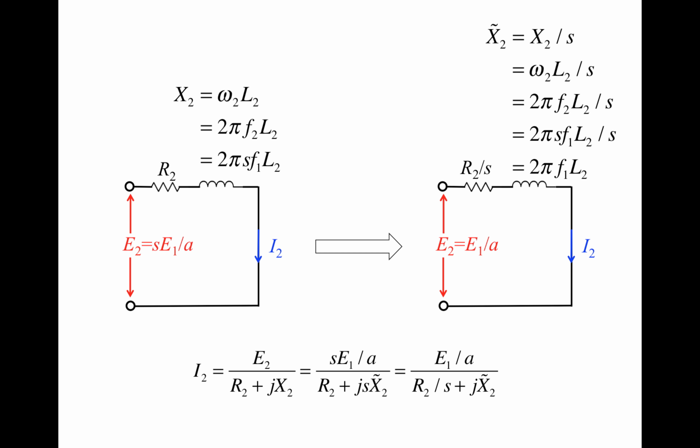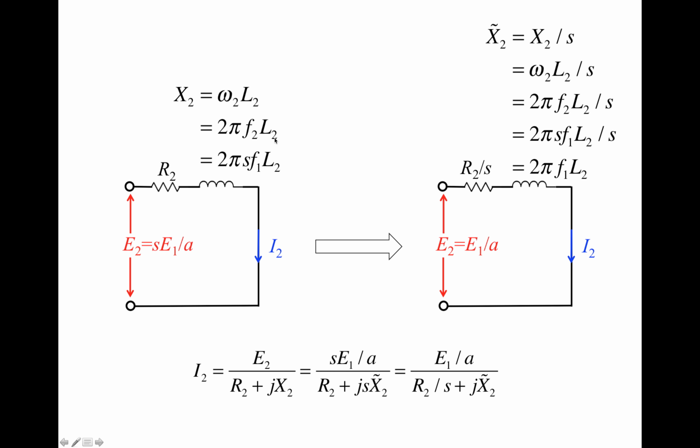Only the inductor's reactance actually depends upon the frequency. So we can write the reactance on the rotor side as the angular frequency omega 2 times the inductance L2. If we convert it to hertz, then the angular frequency is 2 pi F2, multiplied by L2, the inductance.